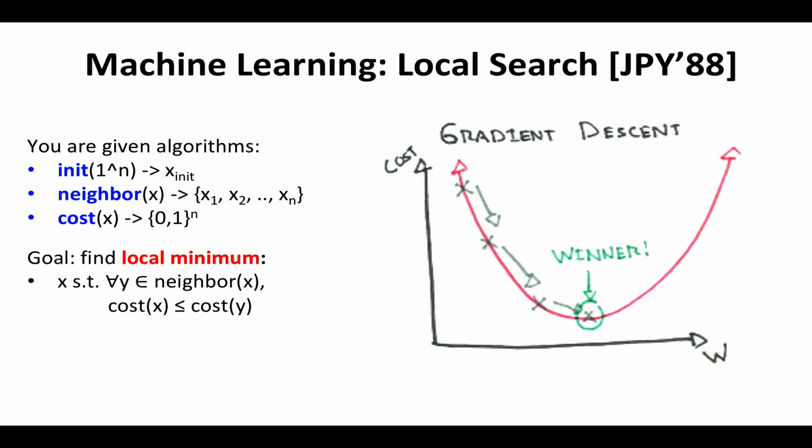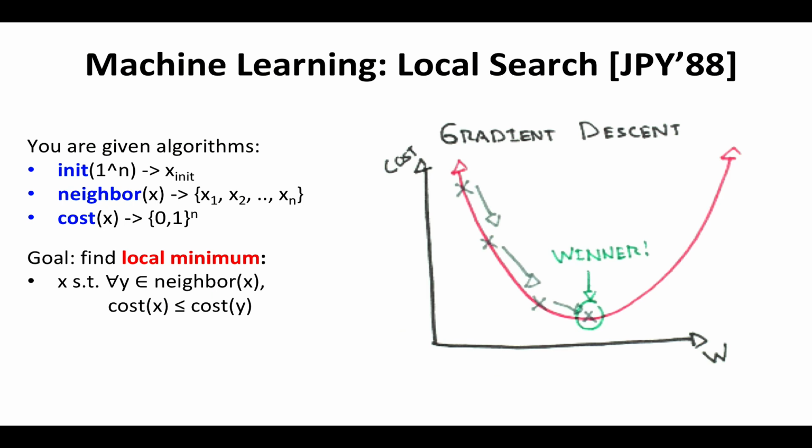And your goal is to find a local minimum. That is some instance x such that for every neighbor, the cost is no smaller. Okay? So why does something like this always have a solution? Well, as the picture suggests, let's say you start there, then you look at all your neighbors and take the one that has the smallest cost, and then you go there.